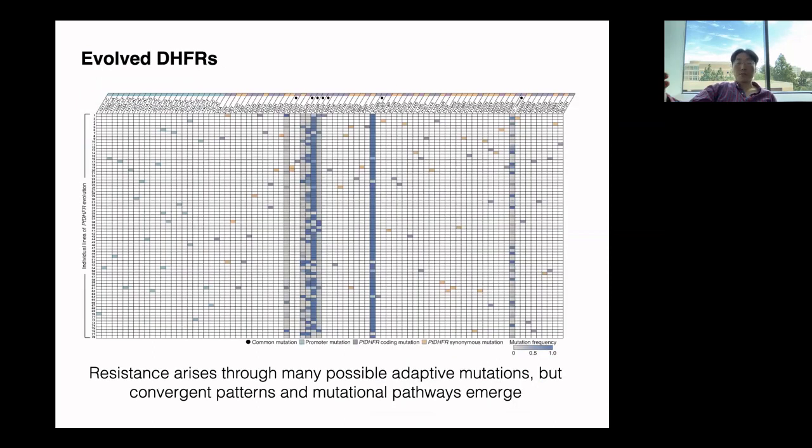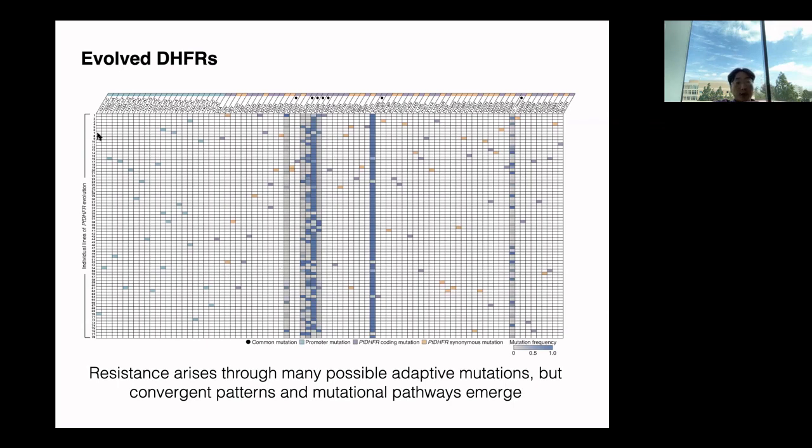And the goal of this replicate study was to understand not just one way you can achieve DHFR resistance to pyrimethamine, but kind of sample the interesting regions of the fitness landscape that define resistance, right? And so here I'm showing the mutations that we see across all of our replicates, which are the columns.